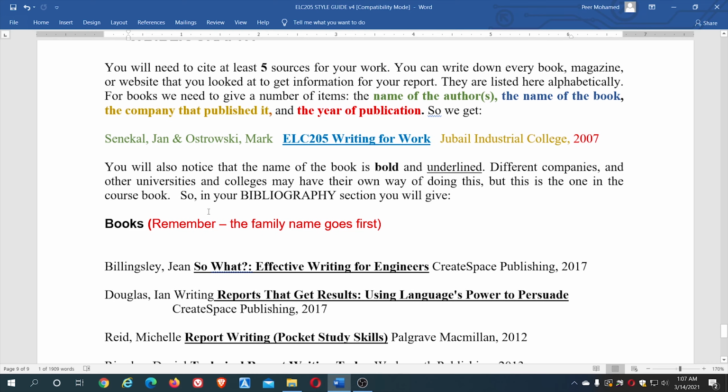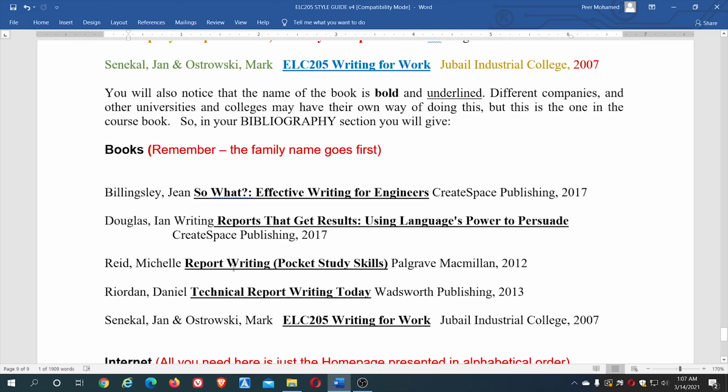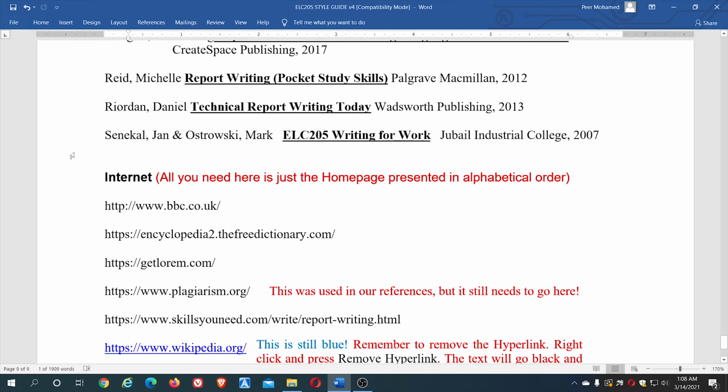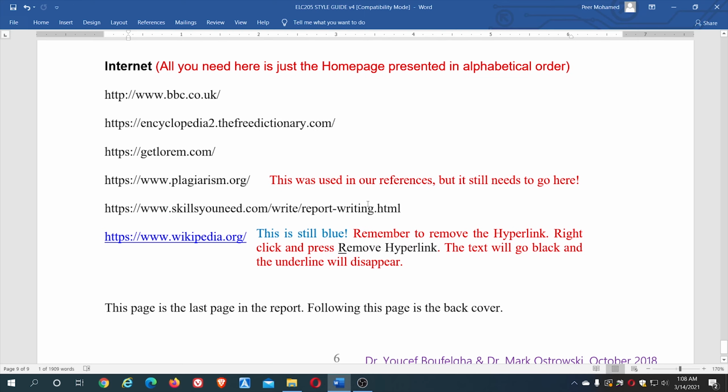Take for example, this is the writer, and this is the book, and this is another book you refer to, and this is the third one, fourth one, fifth one. So these are the books from which you took the information for your project report. And these are the websites from which you have taken the information for your project report.